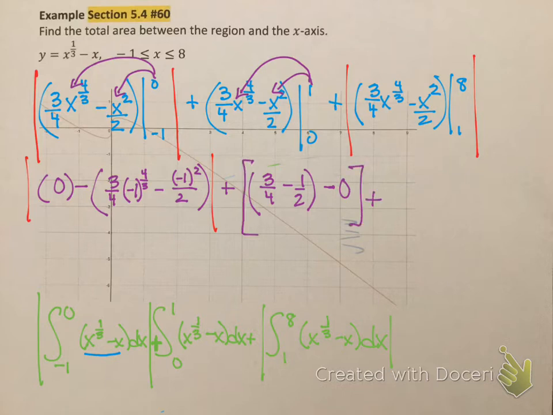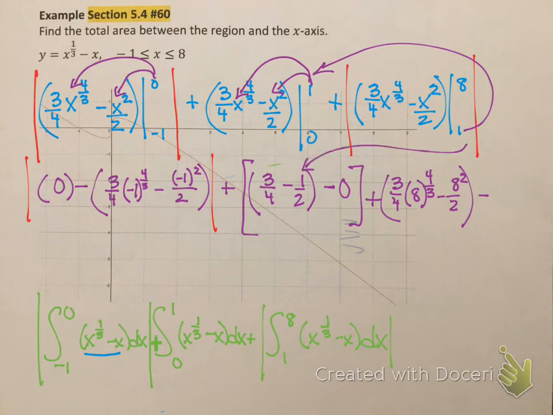And over here, I'm going to get 3/4 times 8 to the 4/3 minus 8 squared over 2 minus, and I already know what 1 is because I did it right here, 3/4 minus 1/2.